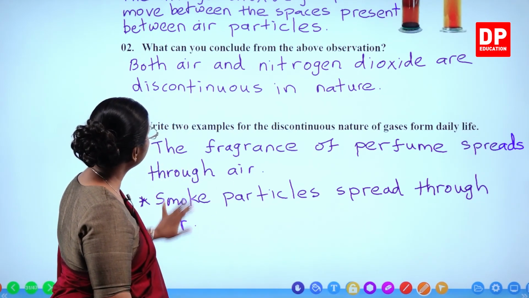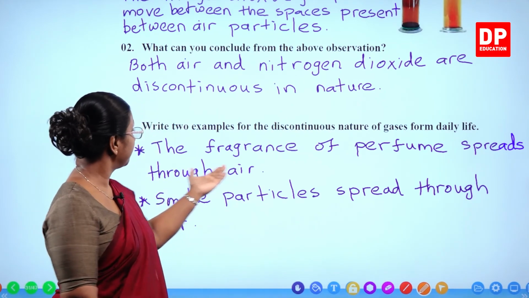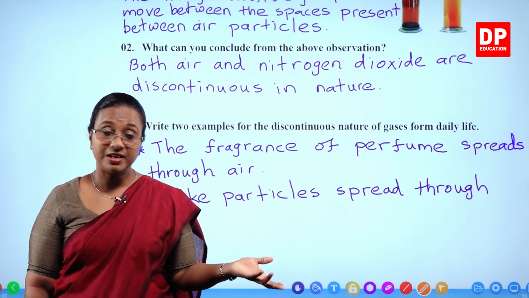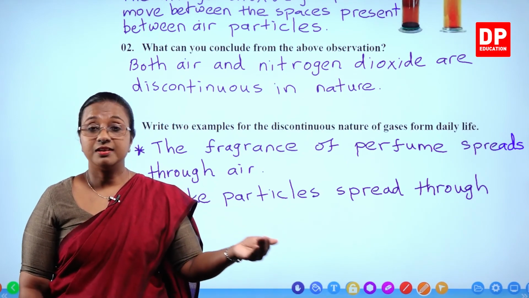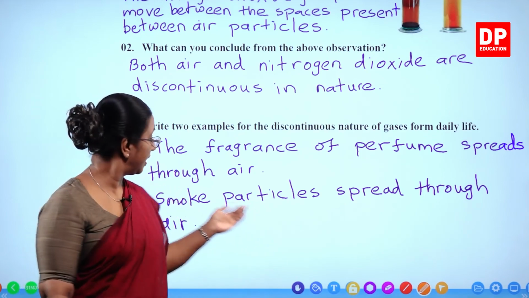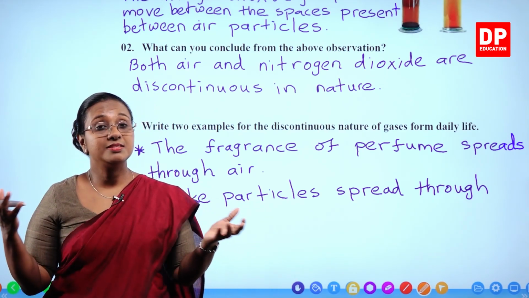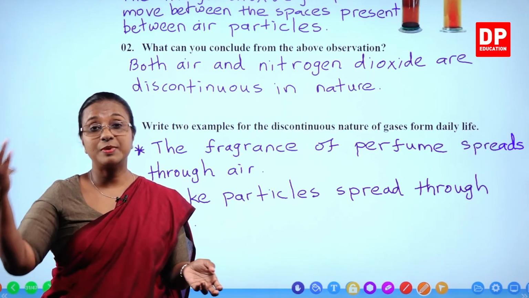So these are all examples. You can write any other example as well. Instead of the fragrance of perfume, you can say fragrance of air freshener, fragrance from incense sticks. Anything can be written there. Then also smoke. You can see the smoke particles. You can see colored dust when it is spread through air.